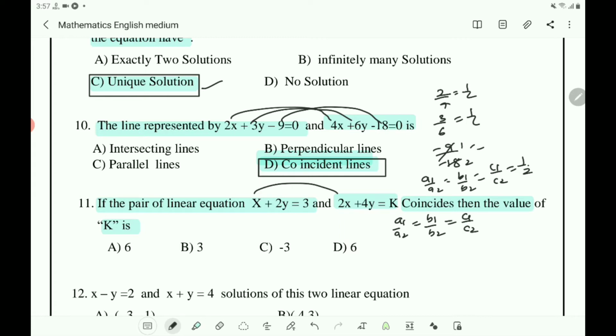Then a1 by a2 is 1 by 2, b1 by b2 is also 1 by 2, and that equals 3 by k. Then k equals, doing the cross multiplication, 2 times 3 is 6. Here you got k equals 6. Option A is the answer. Note down the answer, option A.